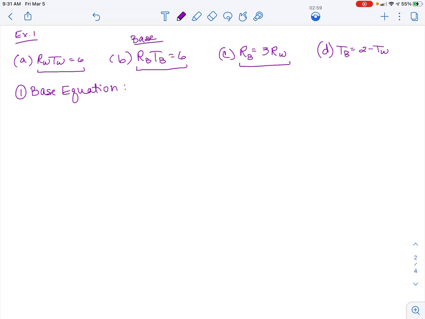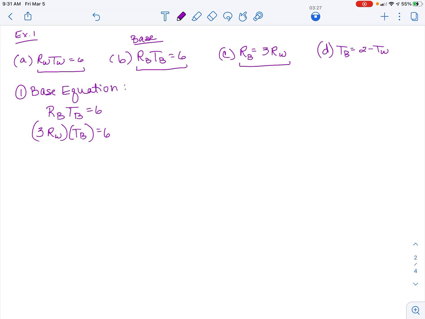Okay, and I'm going to write that down here. rb times tb equals 6. Okay, that's my base equation. Now I'm going to take that C up here and I'm going to substitute in for this first rb as 3rw. Now if I was in front of you at the whiteboard, I'd be pointing, so you kind of lose that when we work together on a video recording.